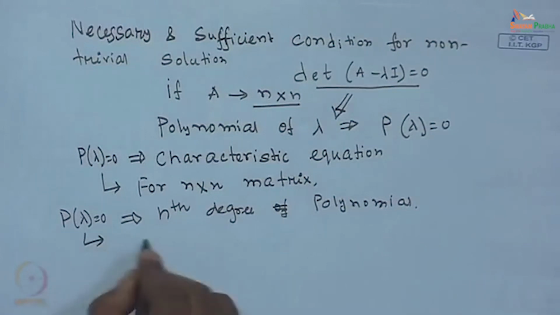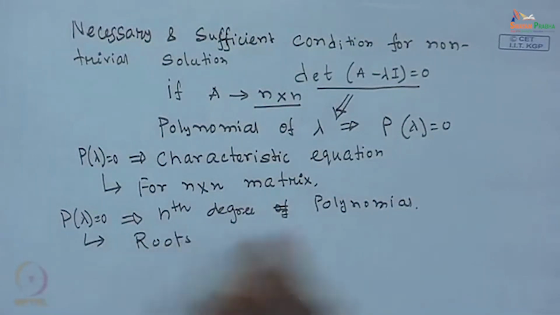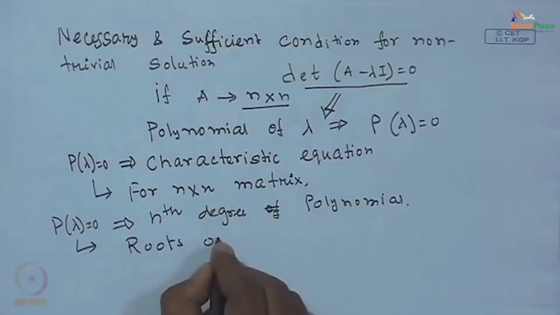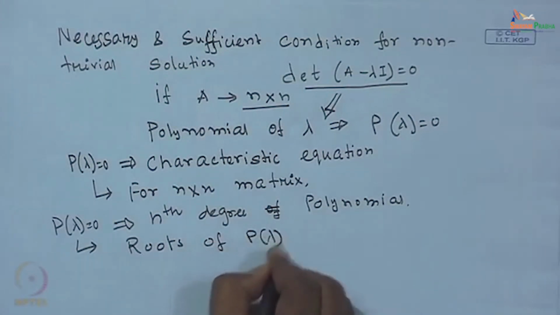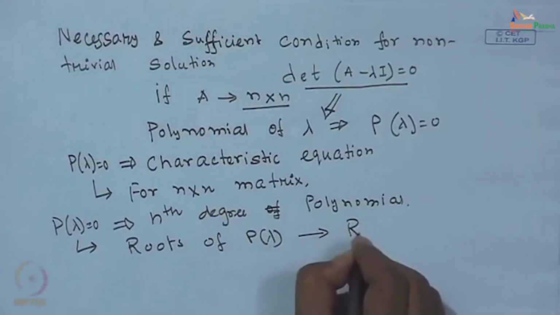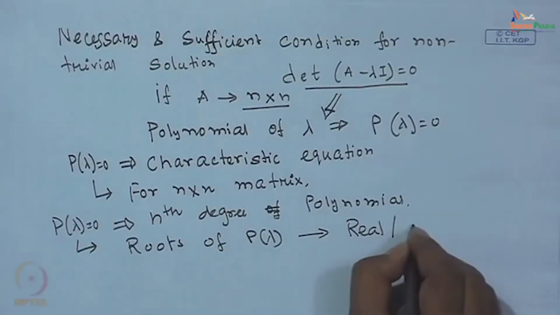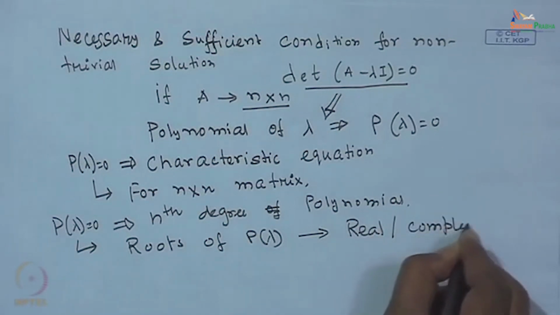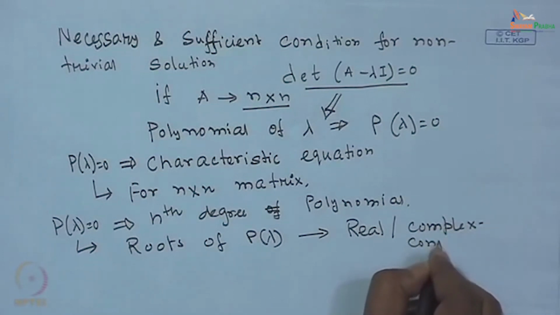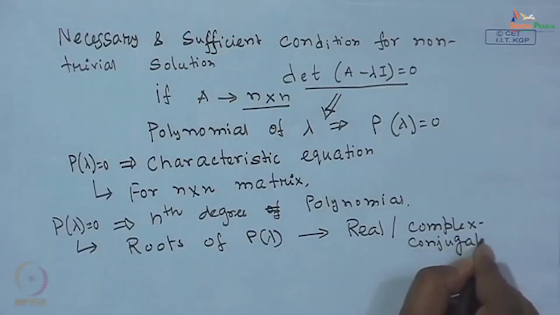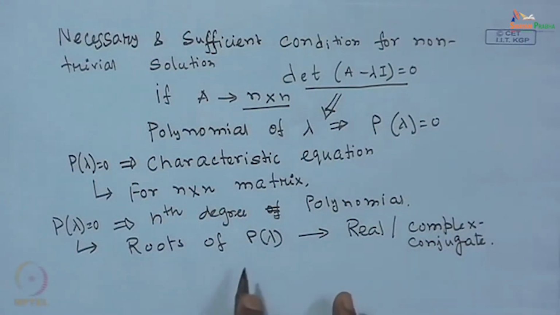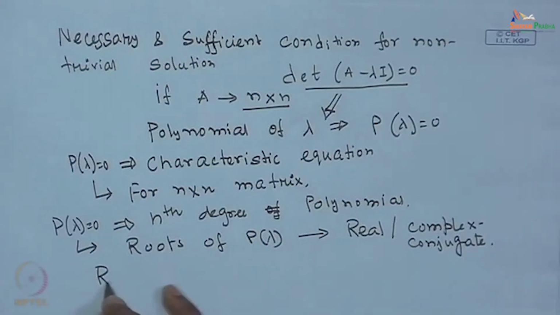The roots of this polynomial may be real, or they may be complex conjugate. These roots can occur either as complex conjugate pairs or as real values, and these roots are called eigenvalues.